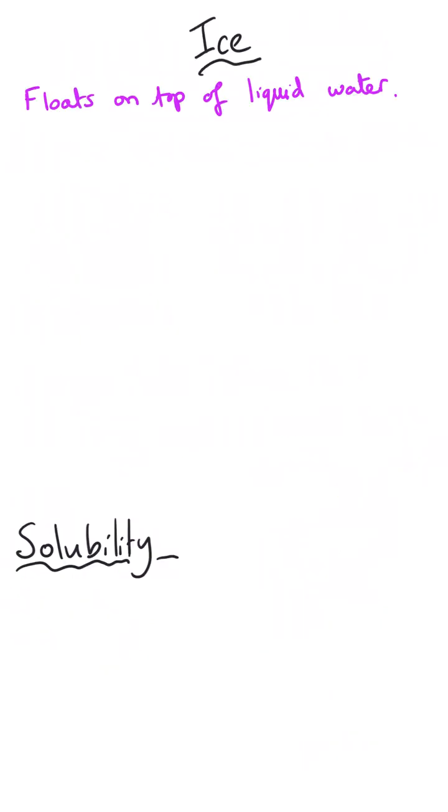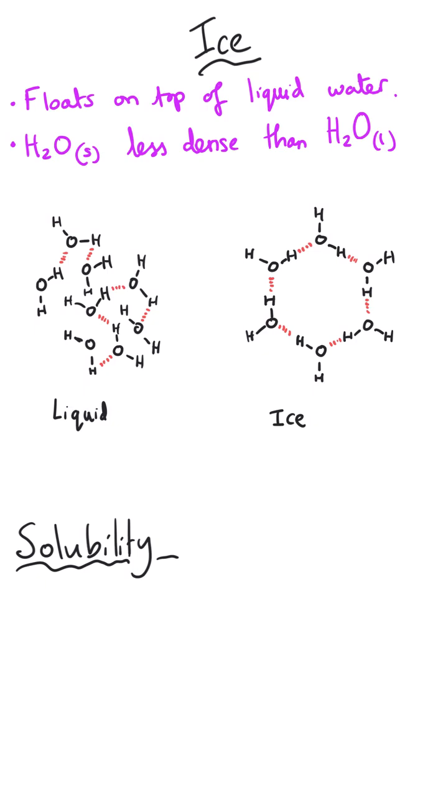Another feature of the world that is down to hydrogen bonding is ice and its low density. And this comes back to the fact that water can form 2 hydrogen bonds per molecule. When it forms its crystal structure that we find in ice, these 2 hydrogen bonds per molecule are in a fixed sort of tetrahedral arrangement.